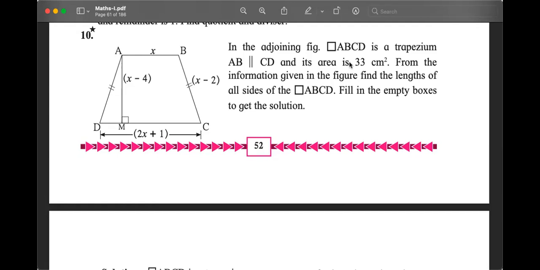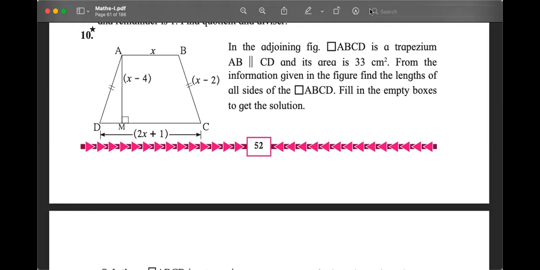In the question it says AB is parallel to CD. In the question it says that the area of this trapezium is 33 centimeters square. But I am telling you that there is much more information that is given in the diagram. Can you start by telling me what other information is given in the diagram?